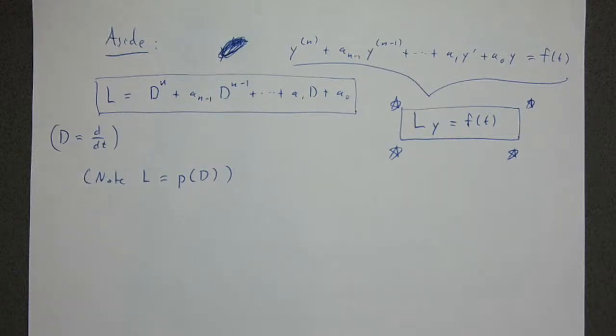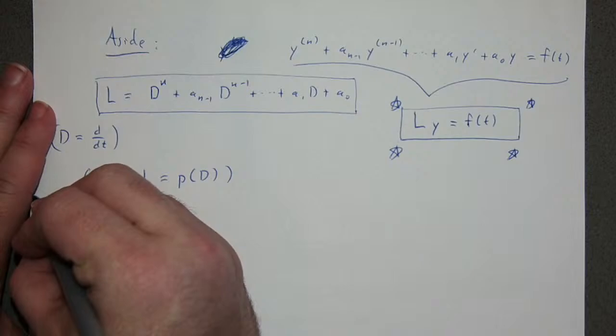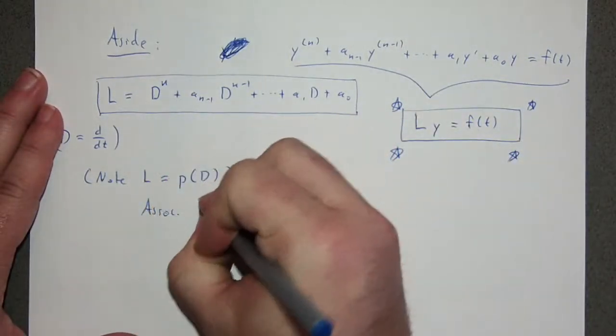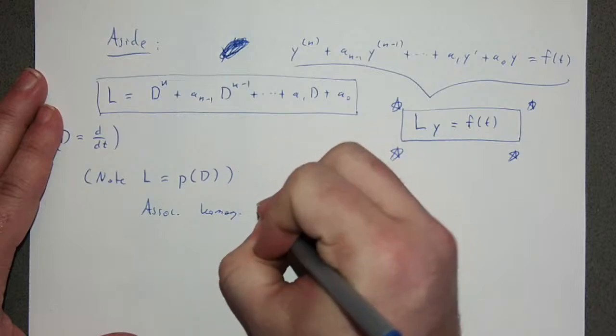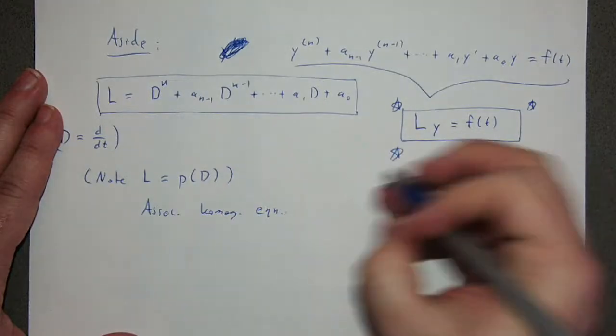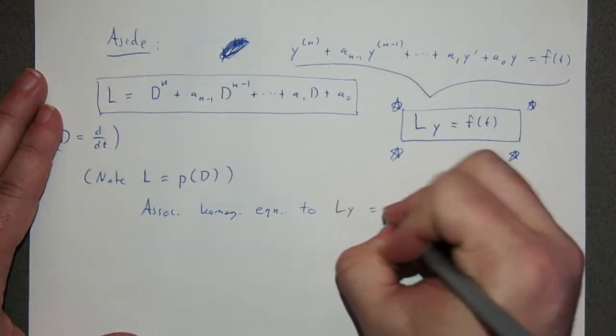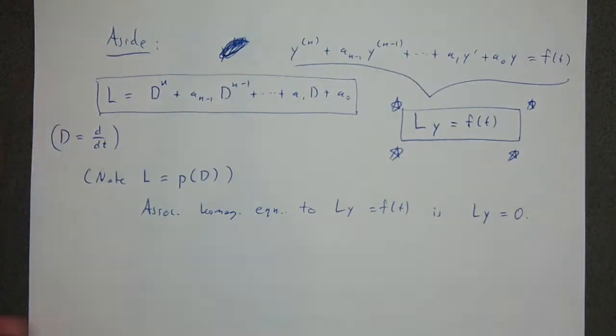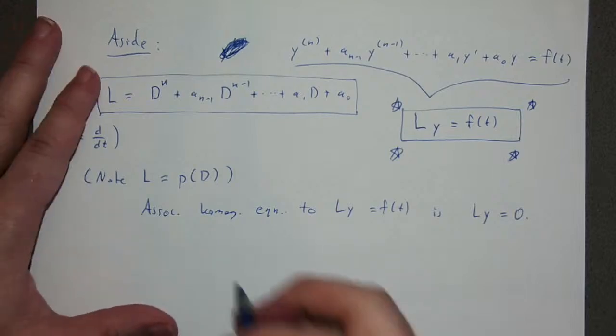So what do I do here with this? The idea is that the associated homogeneous equation for Ly equals f of t is just Ly equals 0.